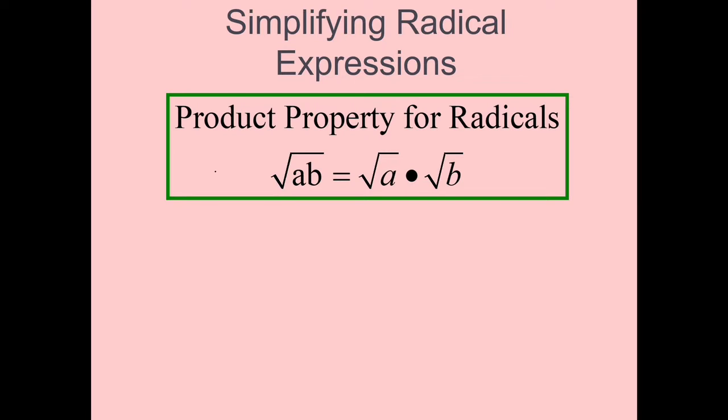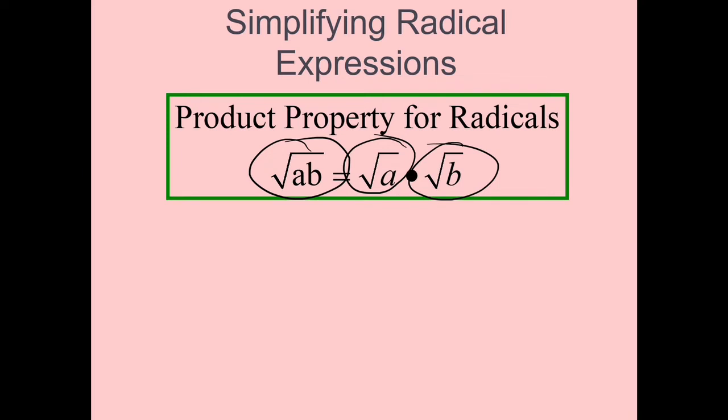Let's say, for example, the square root of a times b is equal to the square root of a times the square root of b. So, ganun po. That is how we evaluate the product property for radicals.